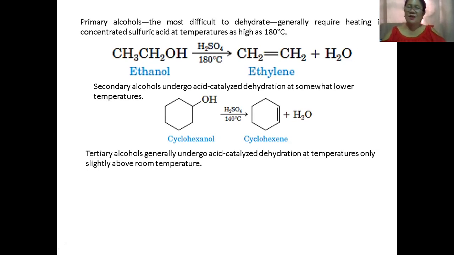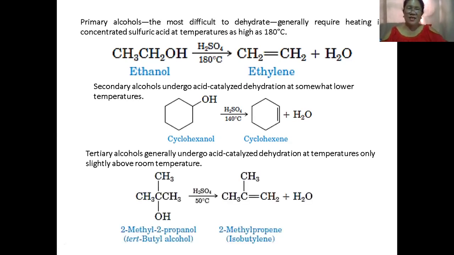For the tertiary alcohol, what happens? Same process, it undergoes dehydration and the temperature will be lower. Here is the tertiary butyl alcohol, with sulfuric acid and 50 degrees centigrade.